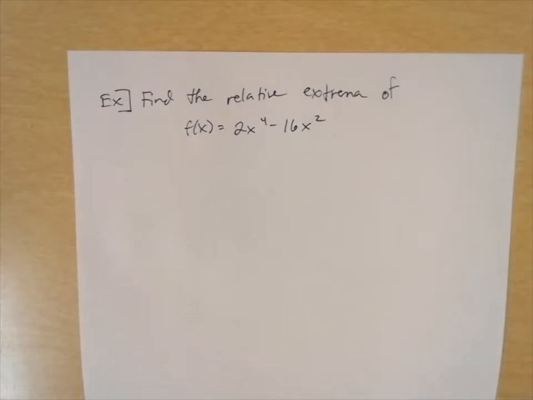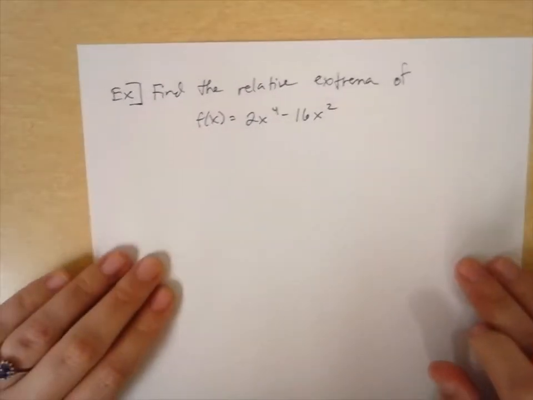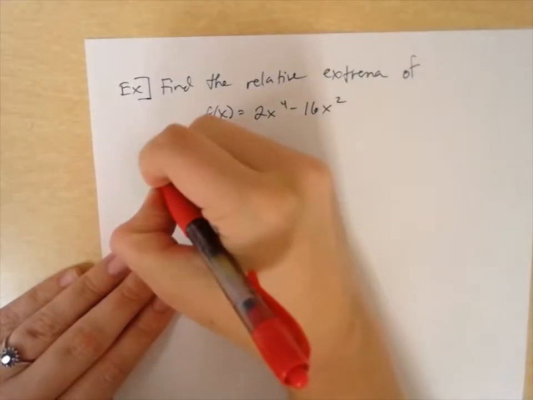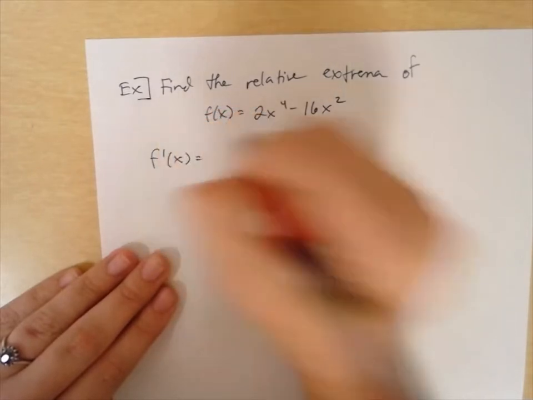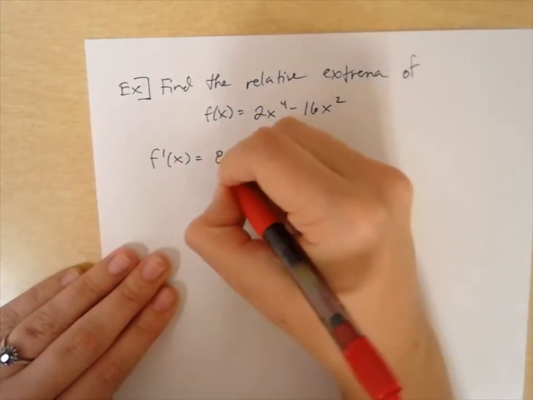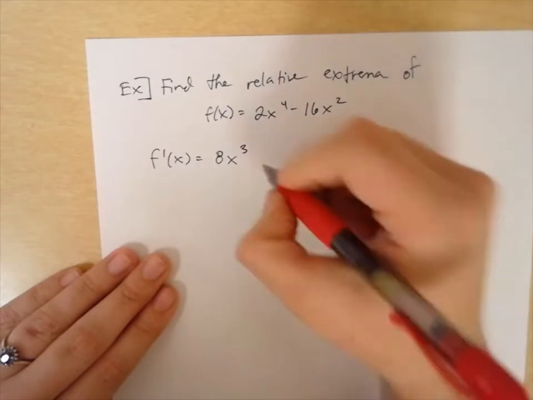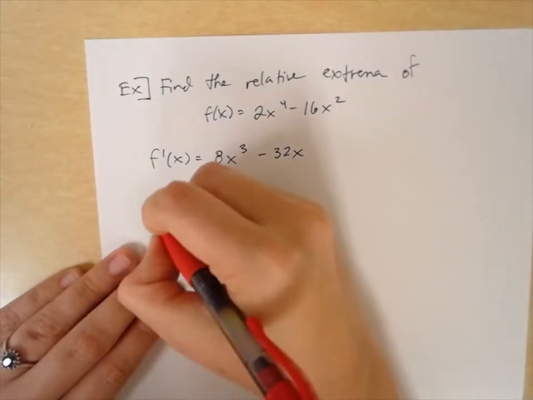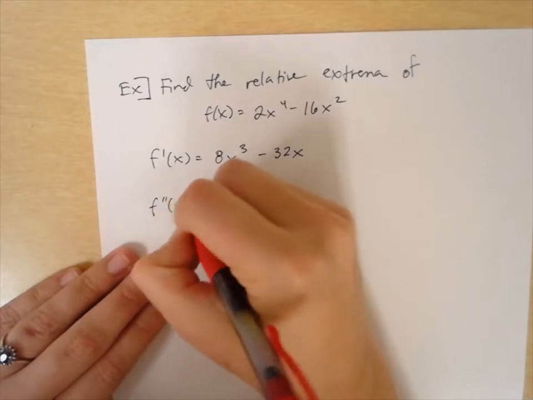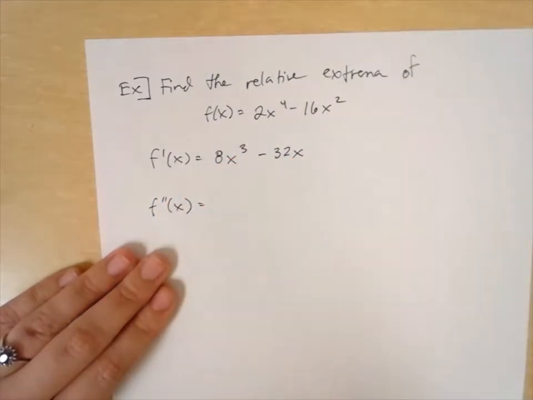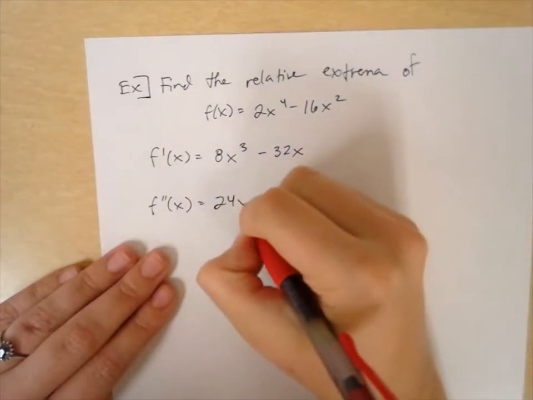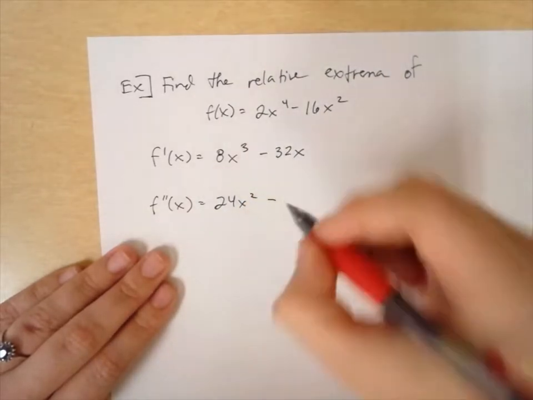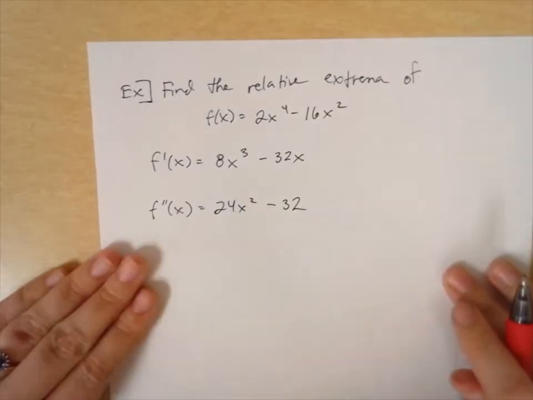If we're using the second derivative test, the good way to start is to first find your first derivative. And I would get 8x to the 3rd minus 32x for my first derivative. And for my second derivative, my f double prime of x, I would get 24x squared minus 32.